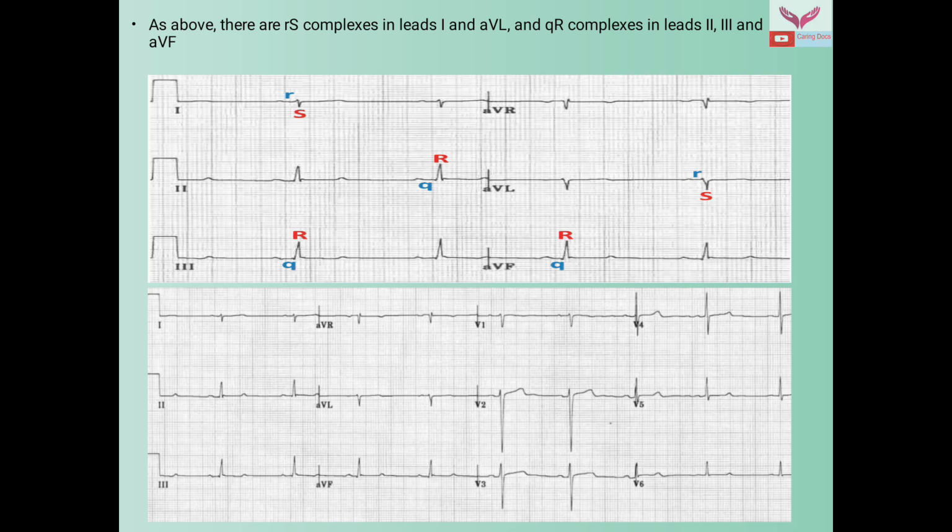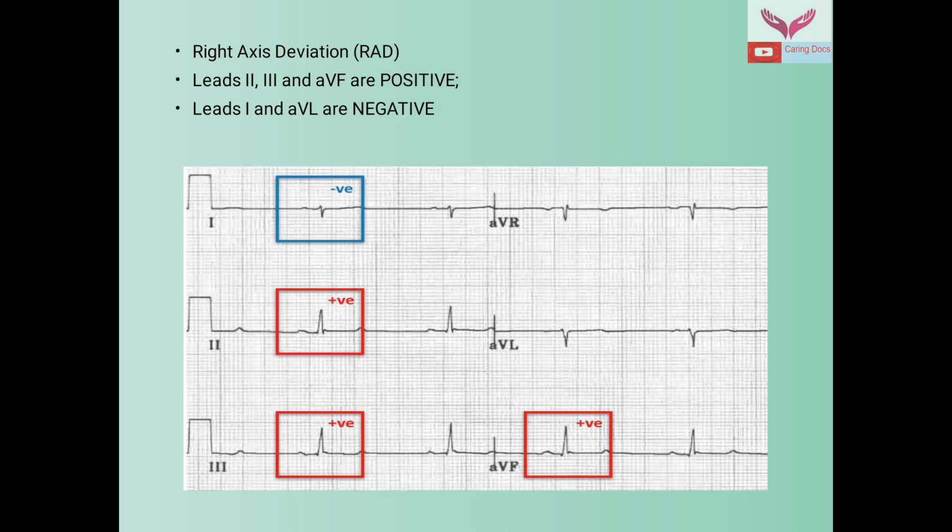So in both ECGs, we can see there are RS complexes in lead 1 and AVL, and QR complexes in lead 2, 3 and AVF. It shows right axis deviation as lead 2, 3 and AVF are positive and lead 1 and AVL are negative.